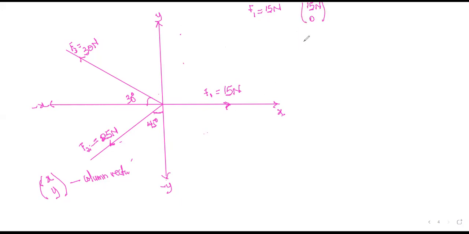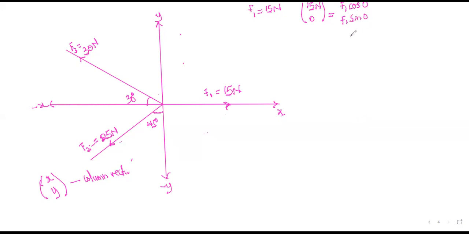Or if you want to go by formula, if you want to use the angle it makes with the horizontal or x-axis, the angle in this case is 0. It makes an angle of 0 with the x or the horizontal. So resolving it will be F1 cos 0, the angle it makes with the x-axis, and then F1 sine 0.